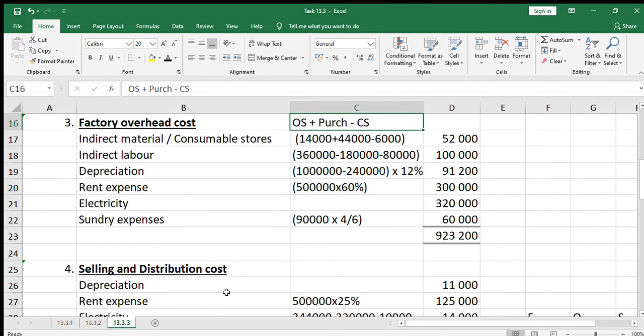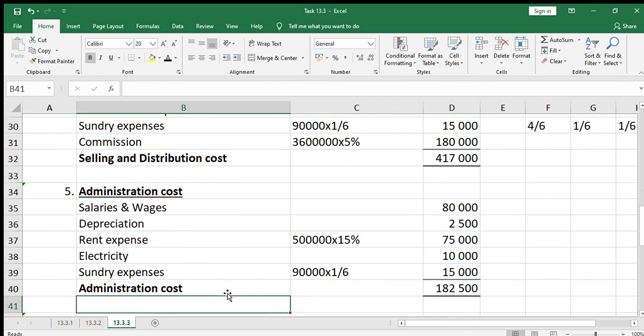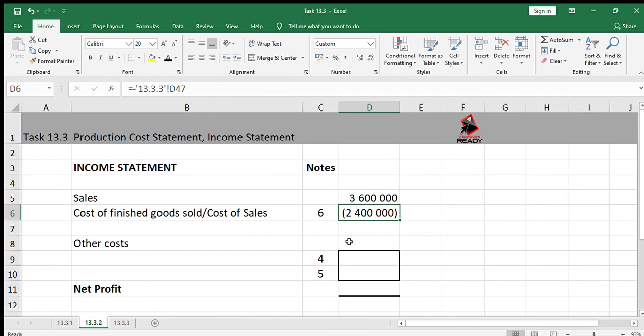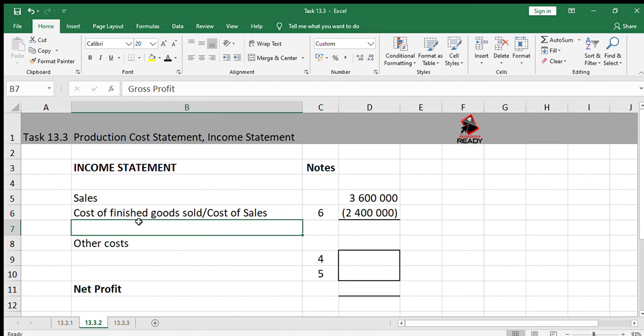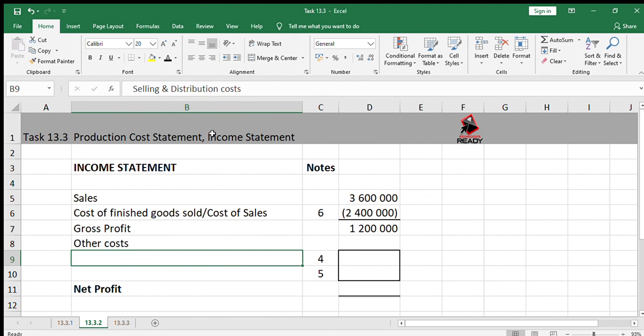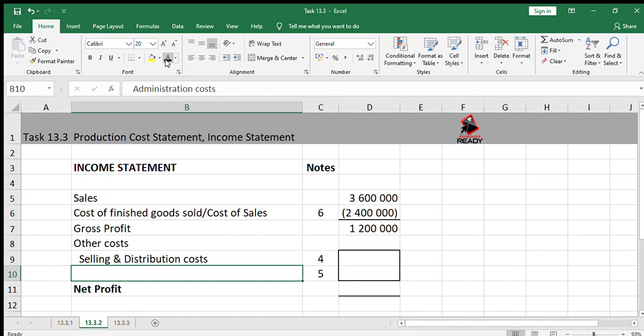You can check note 6 there: 2.4 million. Then, when you say sales minus cost of sales, that will give us gross profit. So you can fill that in and work out the gross profit: 3.6 million minus 2.4 million. Now the other costs will be the selling and distribution costs and the administration costs.